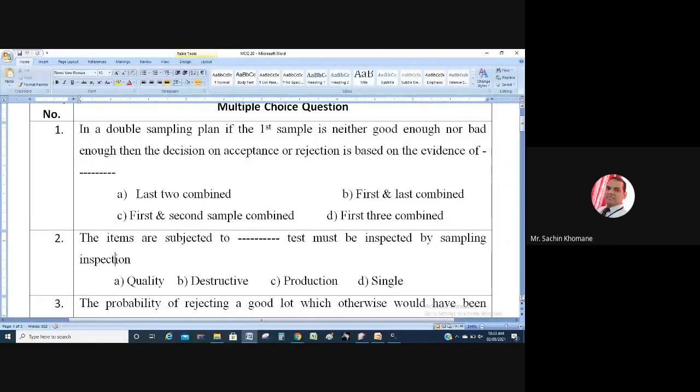So in advantages of sampling, we have discussed. Any guess? At least you should answer this.